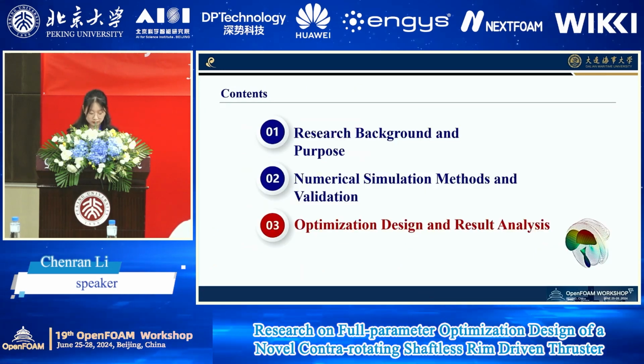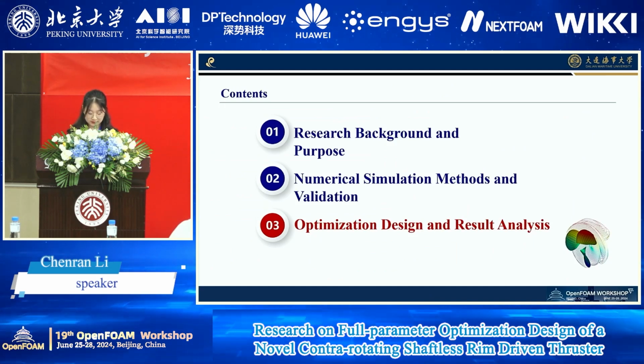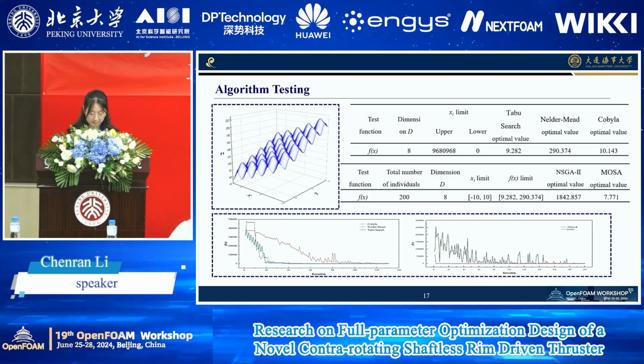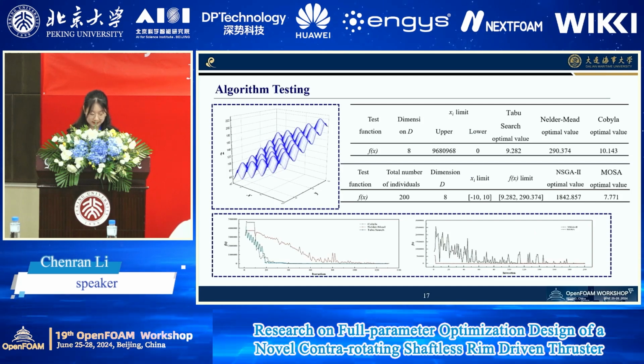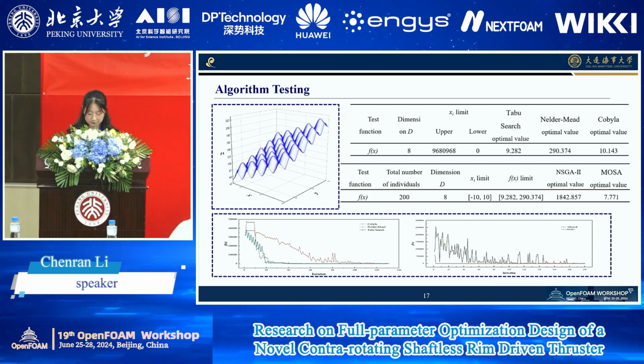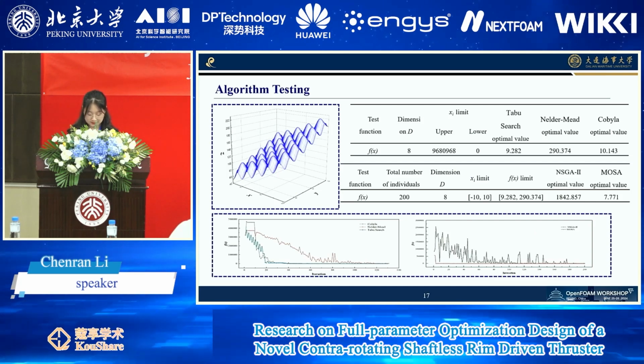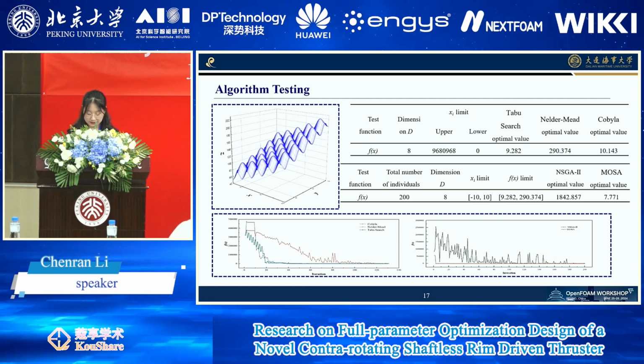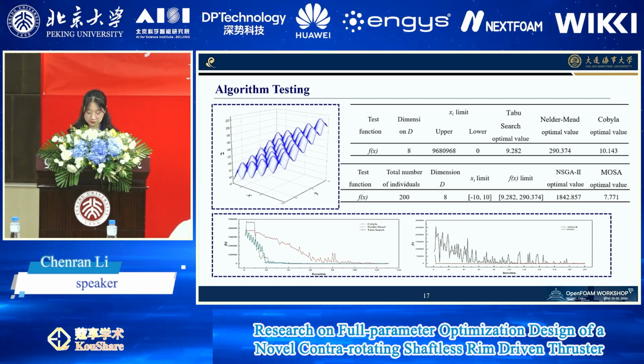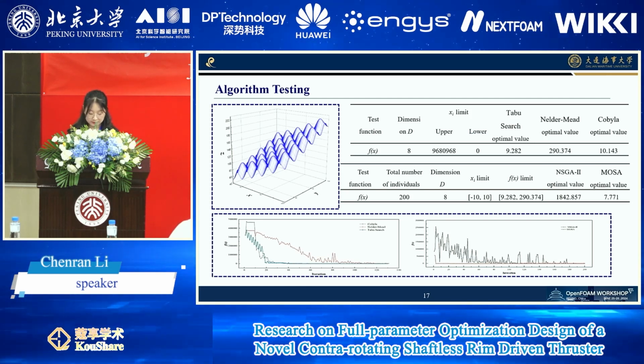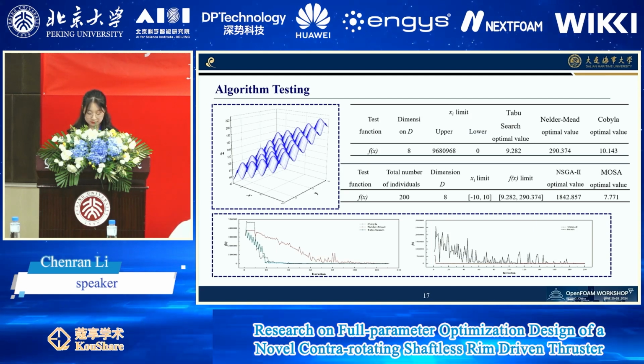Finally, let's take a look at the optimization design and result analysis. The paper tests the convergence of various algorithms and finds the MOSA algorithm has the fastest convergence speed. Therefore, the paper uses the MOSA algorithm for optimization.